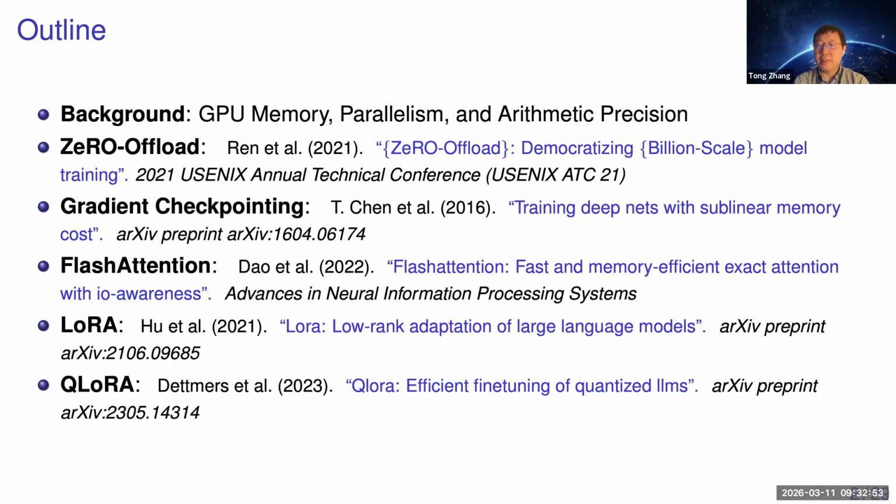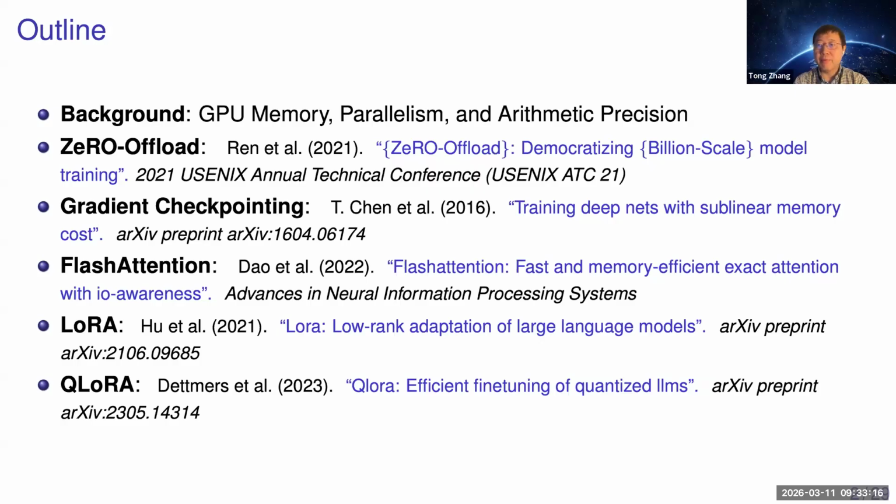Then we'll talk about a few techniques. The main ones: first, ZeRO-Offload, which says you put some of the optimizer state in CPU and part in GPU, assuming you have a much larger CPU memory.